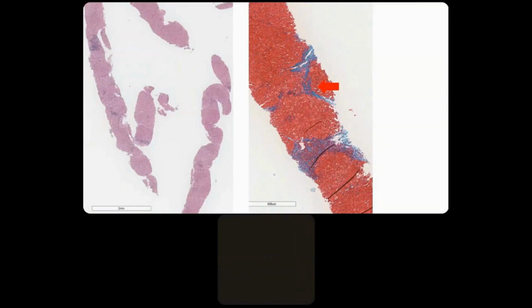You can see that on the trichrome stain, there is also hepatic fibrosis, which is consistent with a chronic hepatitis. And on closer inspection, you can see that some of these hepatocytes demonstrate a homogeneous granular eosinophilic cytoplasm, which we refer to as ground glass cytoplasmic changes in hepatocytes.